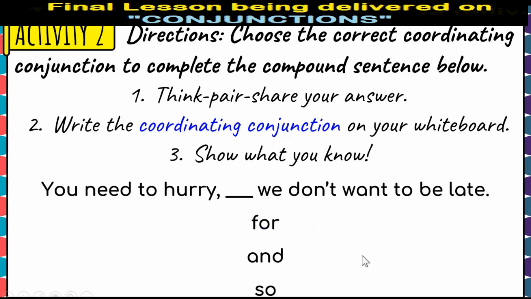Good job. You need to hurry. Dash, we don't want to be late. For, and, or, so. You have 1 minute. Let's pair up. Quickly think and then share your answers. Don't forget to write it on the whiteboard. Good job. You need to hurry, for we don't want to be late. Perfect.